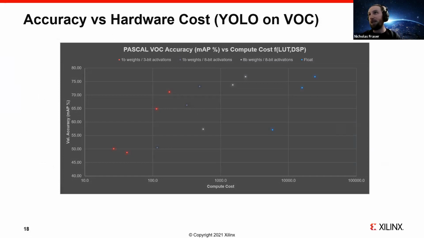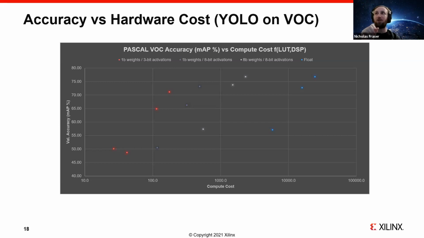And how much may depend on your particular network and your particular application and how long you're willing to spend to try to train it. But that's not the whole story, right? Because actually, when we reduce the size of the operators, we save so much power, so many resources on the FPGA that you need to actually think about the whole space of accuracy resource trade-offs.